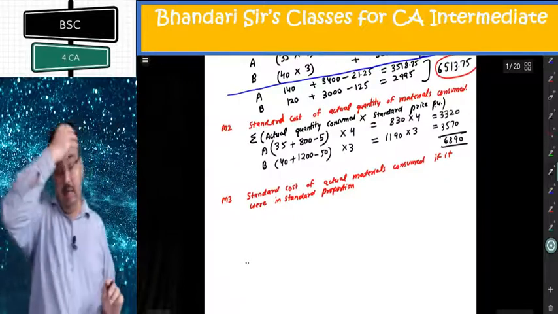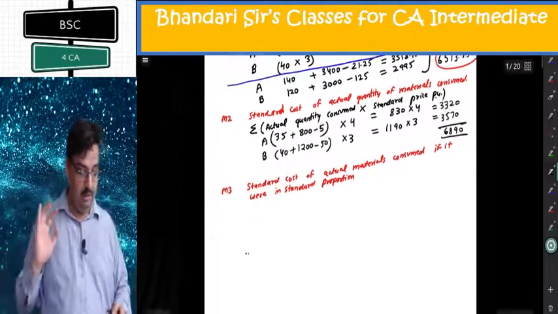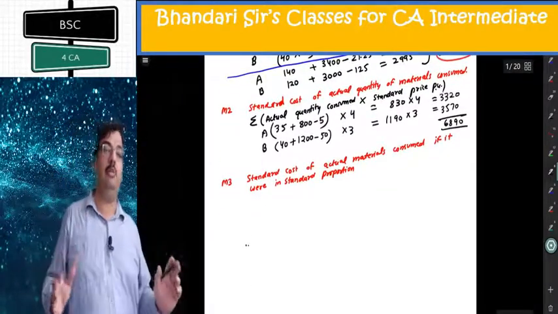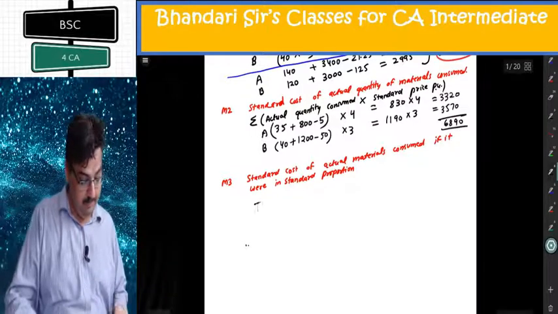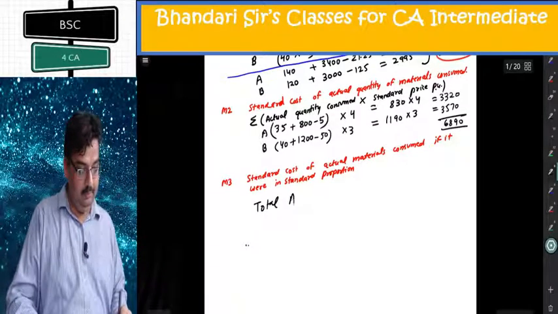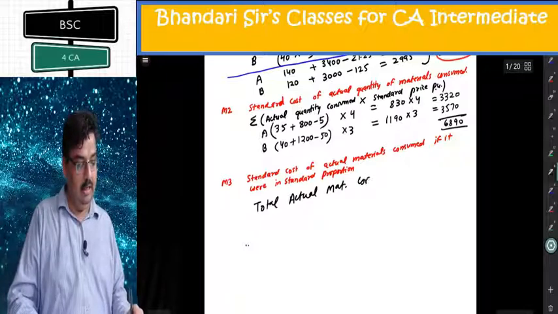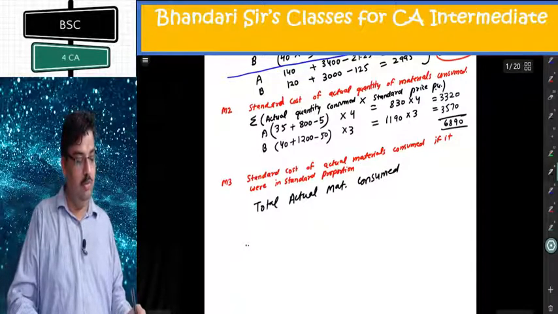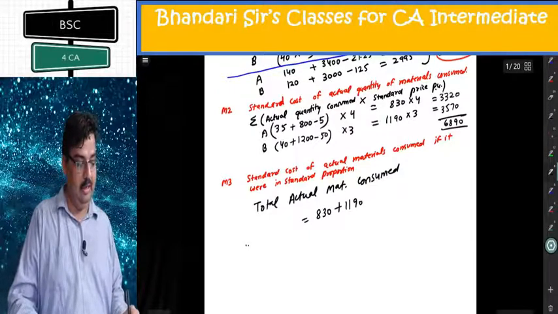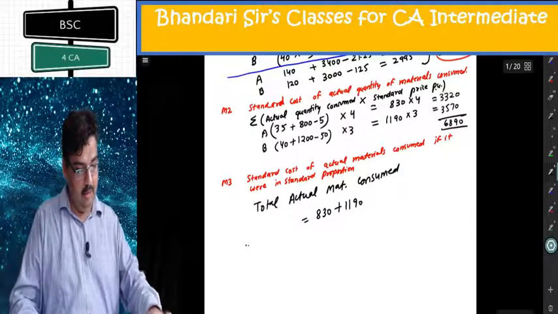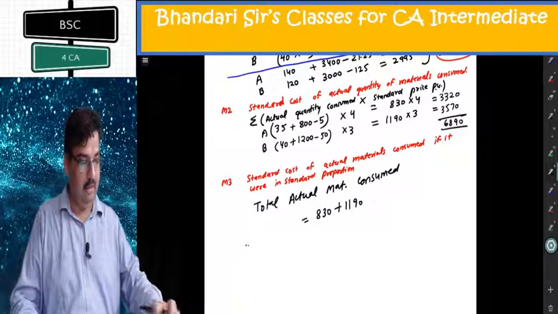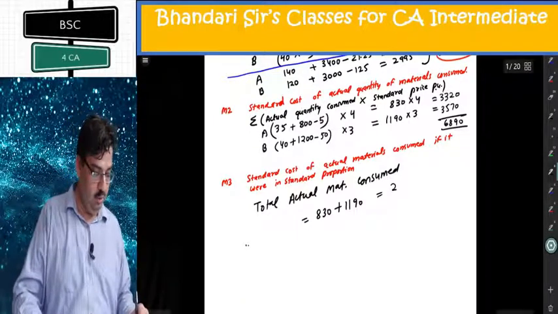Now M3 is never based on purchase quantity. M3 is always based on consumption quantity. Total actual material consumed: 830 plus 1190, this is 2020.